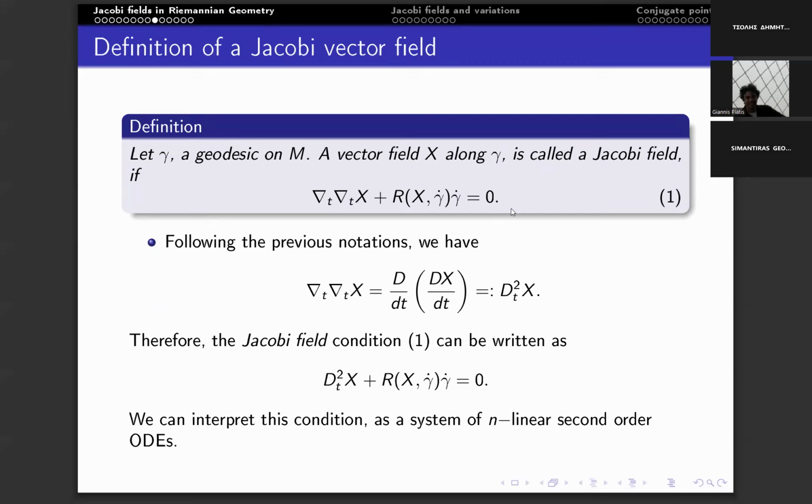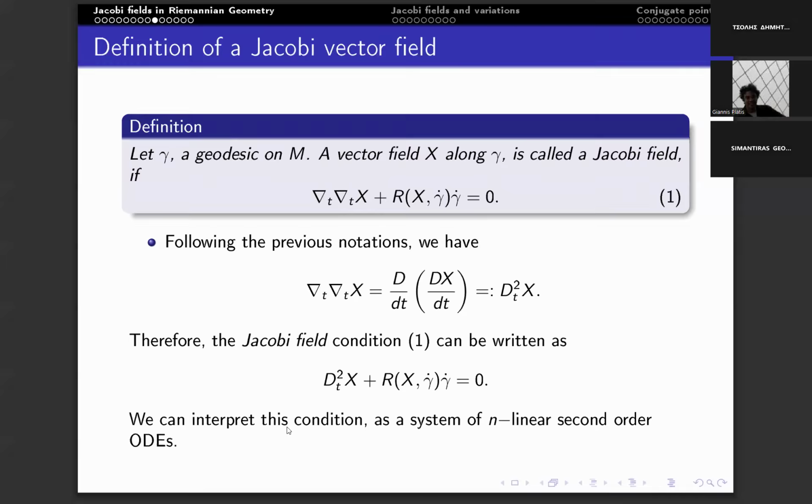This equation is called the Jacobi equation, and only this term can be called the Jacobi operator. Following our previous notation, we can denote this term as the square of the covariant derivative, and we can transform the equation using these notations into the equivalent one.